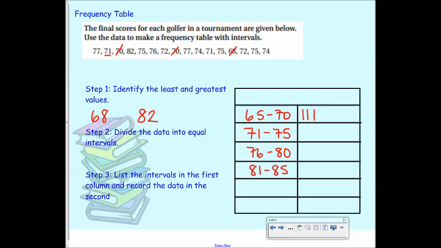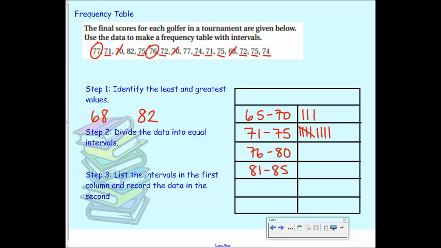I counted 9. 1, 2, 3, 4, 5, 6, 7, 8, 9. Okay, how many people scored from 76 to 80? 1, 2, 3. And how many people scored from 81 to 85? Just 1, right?